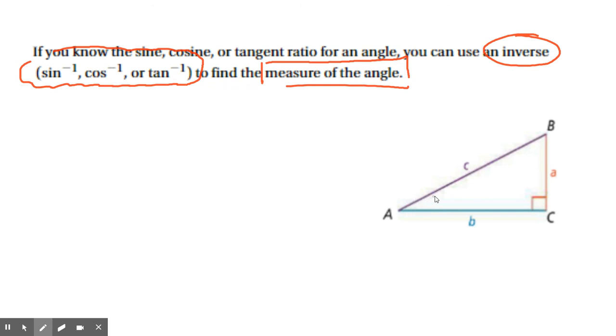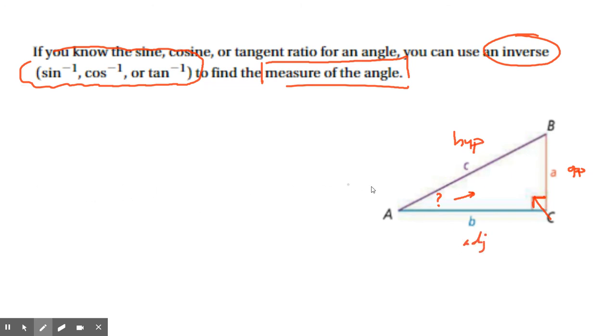So say that I am looking for angle A. Well, if I'm given two of the three sides of a right triangle, I can find the value of angle A. So first of all, from A, this is the opposite side. Here's my right angle pointing to the hypotenuse. And this is the adjacent side.